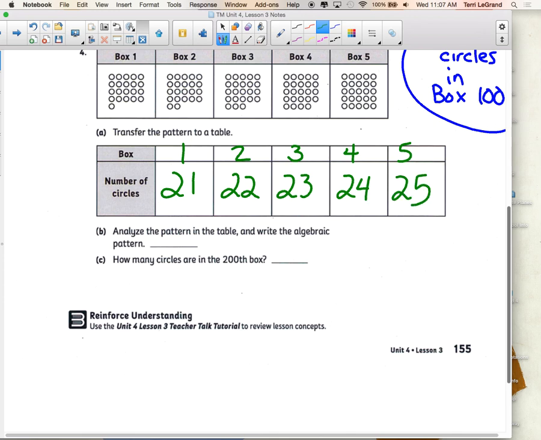Okay? Again, after you have your work shown, you know what I mean by work, justify that your algebraic pattern works. Then you go find somebody, 2 other people, but don't bug them if they're not done yet.